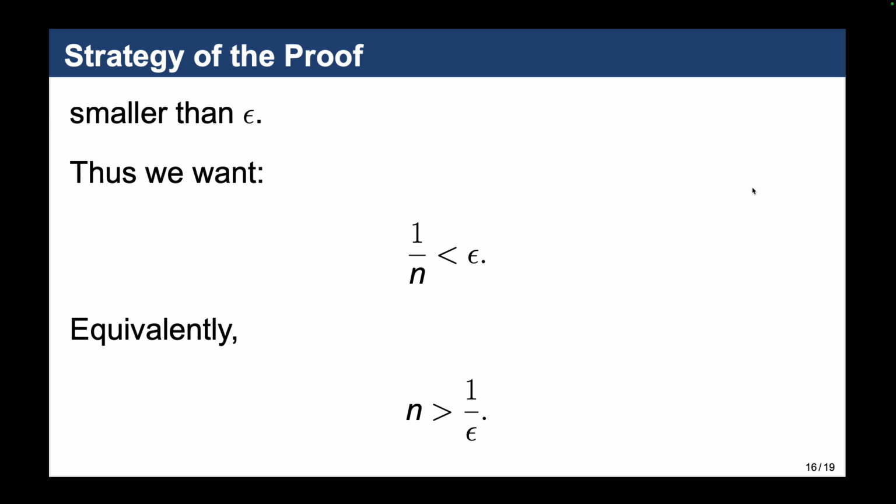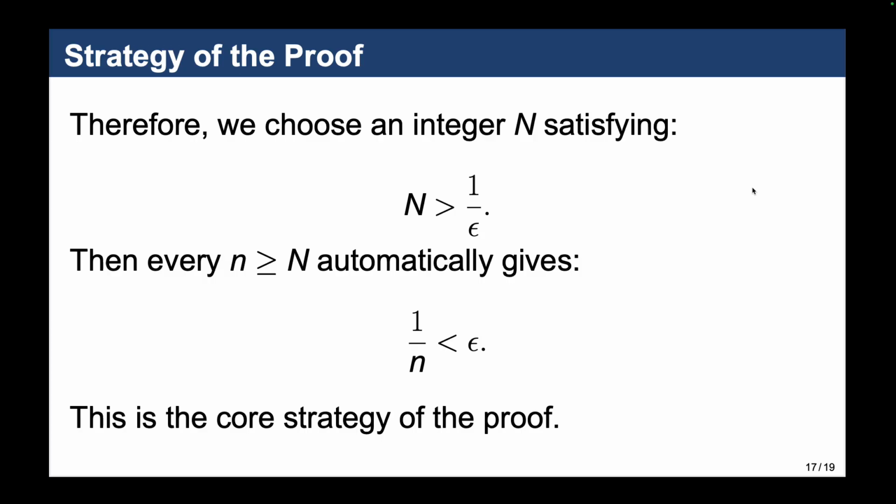Equivalently, n is greater than 1 over epsilon. Therefore, we choose an integer N satisfying N greater than 1 over epsilon. Then every n greater than or equal to N automatically gives 1 over n less than epsilon. This is the core strategy of the proof.